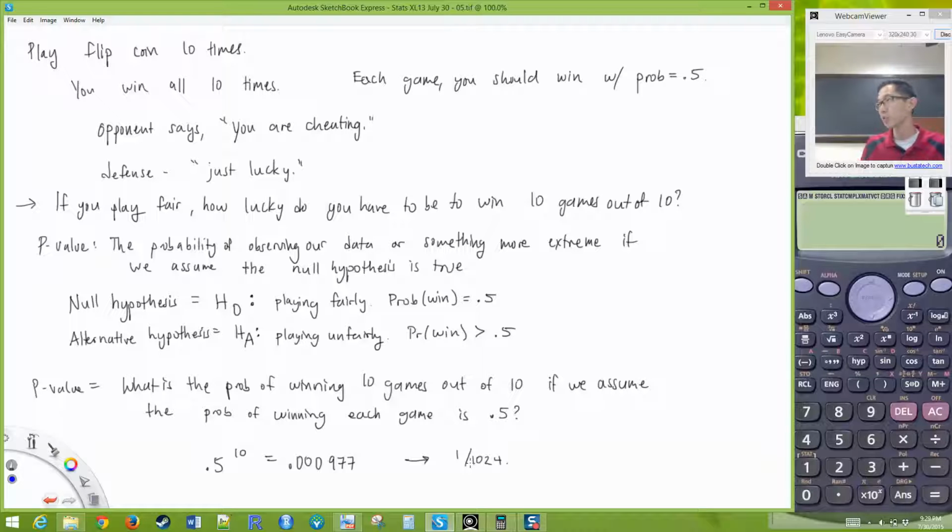Okay, and statistics won't tell you what exactly is going on, but it can tell you that it's quite unlikely to get this result from pure chance alone. Okay, so technically it is possible to win 10 out of 10 on sheer luck.